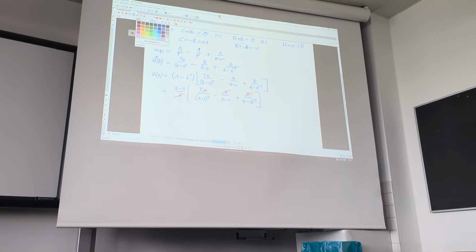Then in the next step, we can find a common denominator here. So Z minus 1 squared and Z minus e to the power of minus T would be necessary for a common denominator.